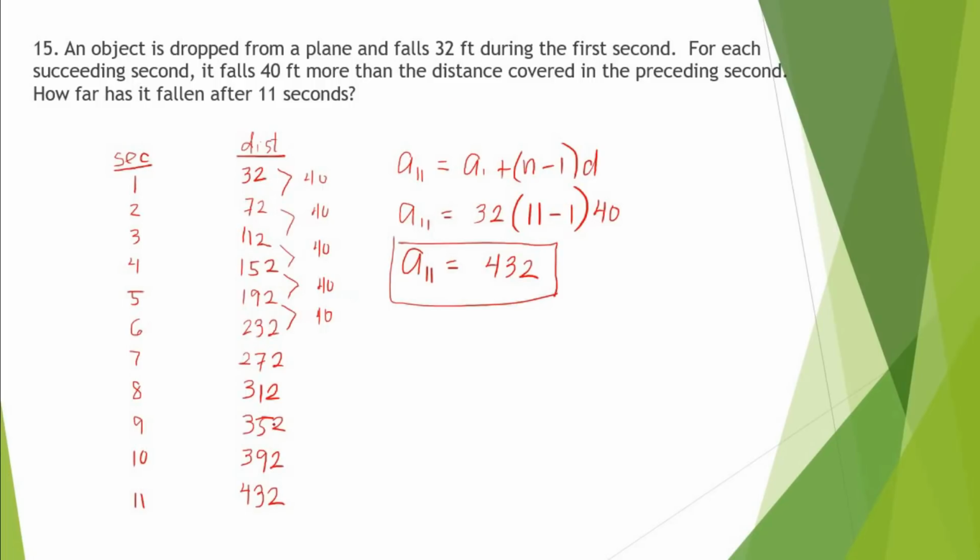By the way, the 11th is 432. So guys, this is our answer. And as you can see, it is very clear that after 11 seconds, it has fallen 432 feet. I hope this clarifies everything.